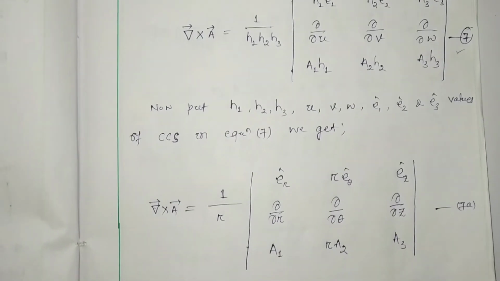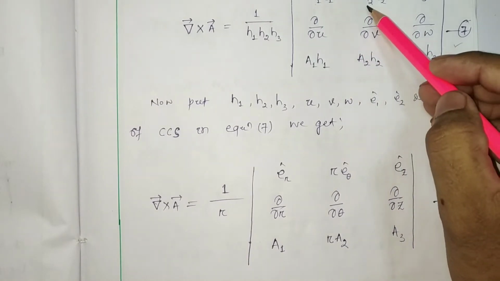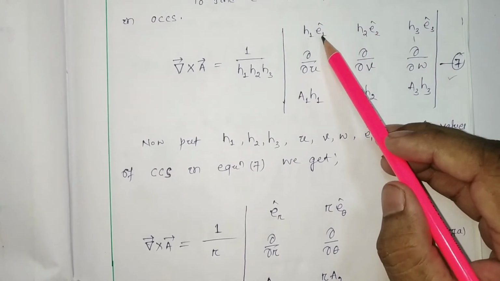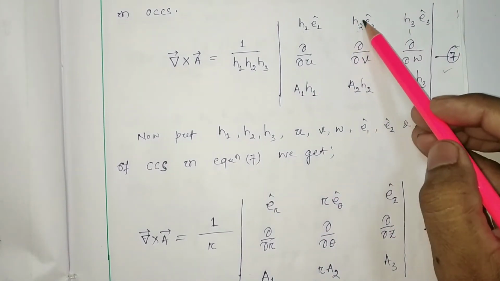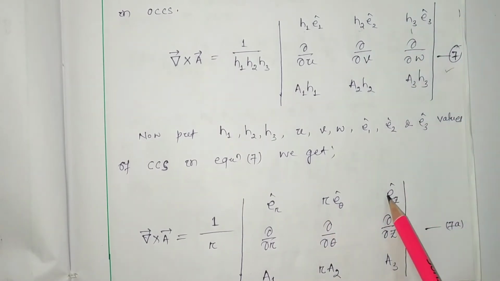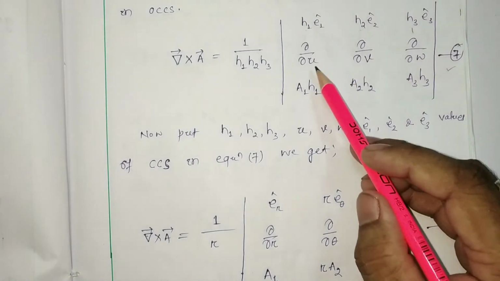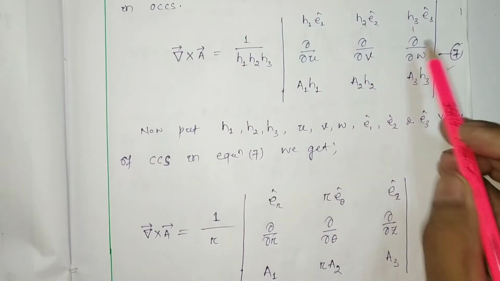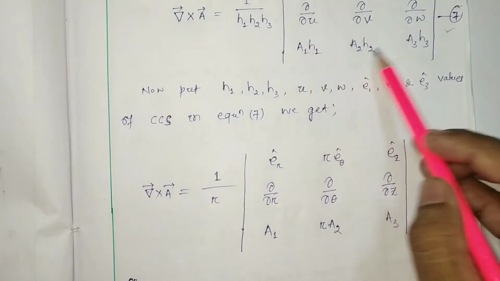See, already h1 is 1, h2 is r, h3 is 1, and e1 cap is er cap, e theta cap, ez cap. Here u, v, w means r, theta, z. h1 is 1, h2 is r, h3 is 1.